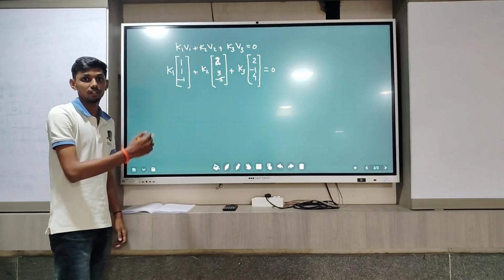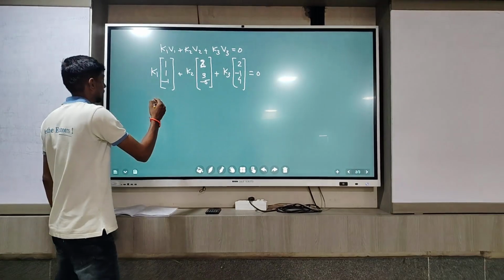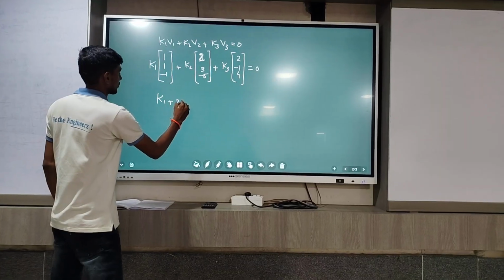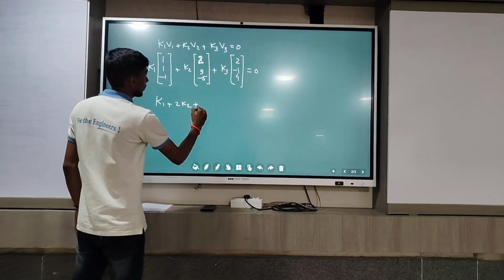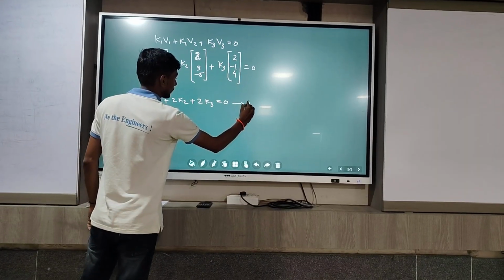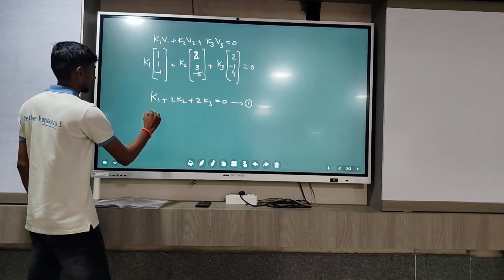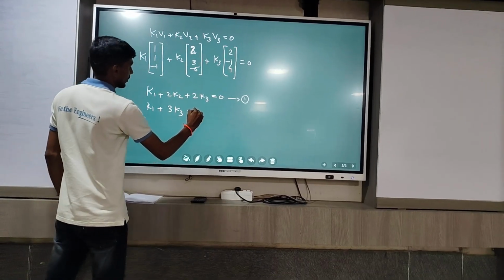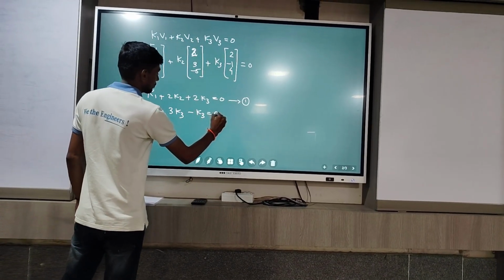Now we write the equations element-wise. k1 plus 2k2 plus 2k3 is equal to 0, equation number 1. k1 plus 3k2 minus k3 is equal to 0.